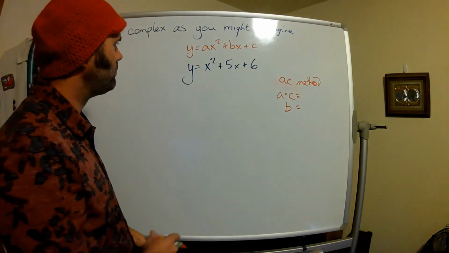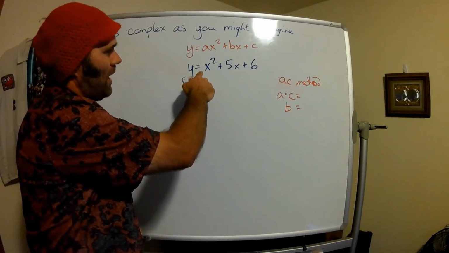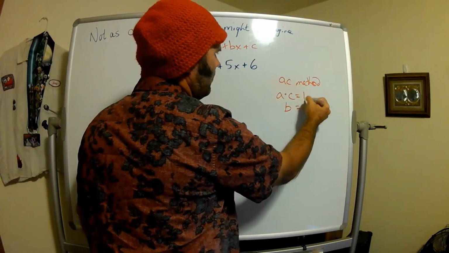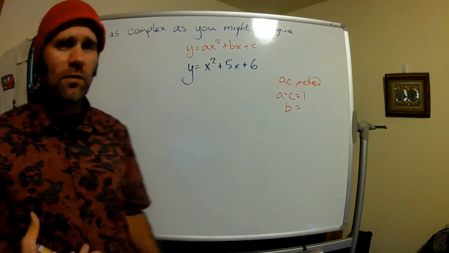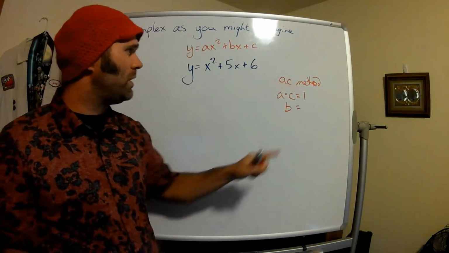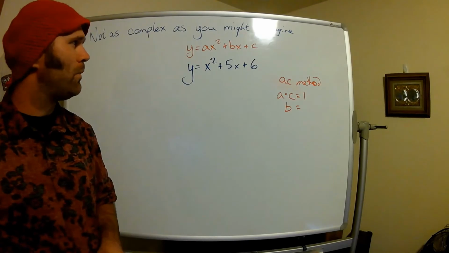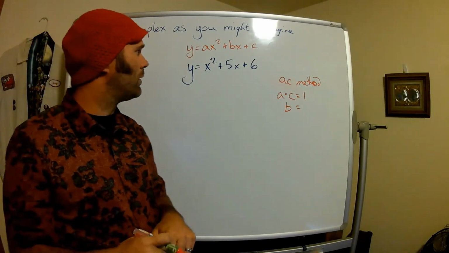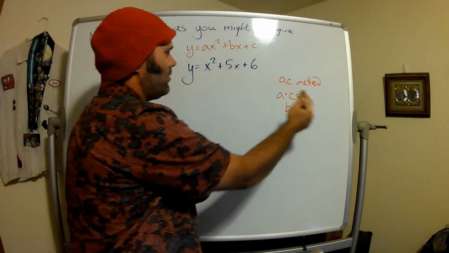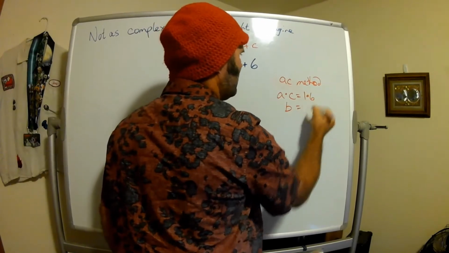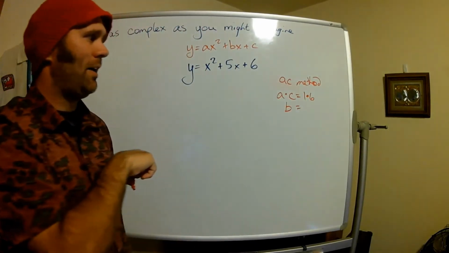So the a is actually just 1. Since there are no numbers in front of x squared, it must be 1. 1 times x squared is x squared. C is 6, so 1 times 6. And B is 5.